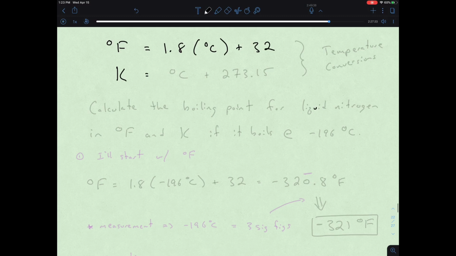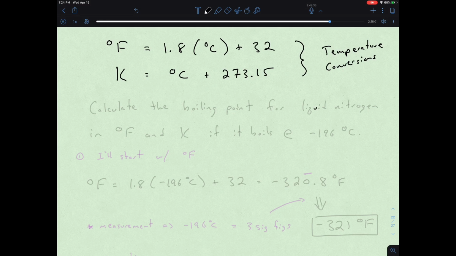And Kelvin is your degrees Celsius plus 273.15. And so these are our temperature conversions. But notice that our values within the equations, like the 1.8, the 32, the 273.15, just don't affect the actual number of sig figs at the very end.